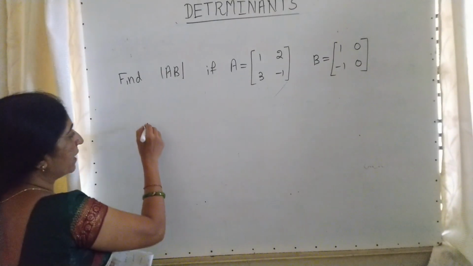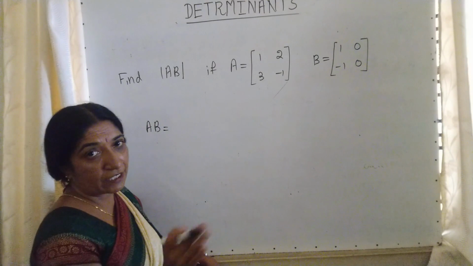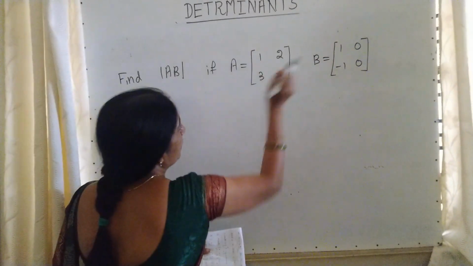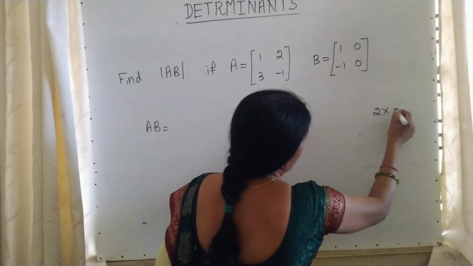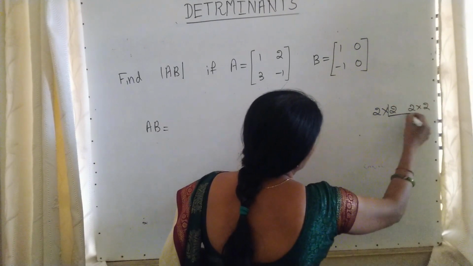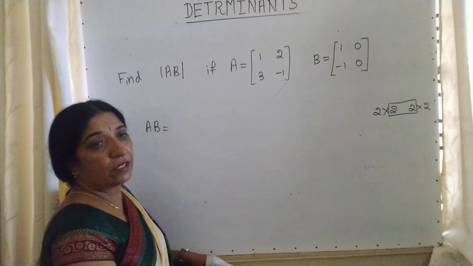First, multiplying AB. Already we are familiar with the multiplication of matrices from the previous chapter, that is first row with first column. The multiplication is possible because matrix A has order 2 by 2, B also has order 2 by 2. See here, again the resulting matrix also has order 2 by 2.